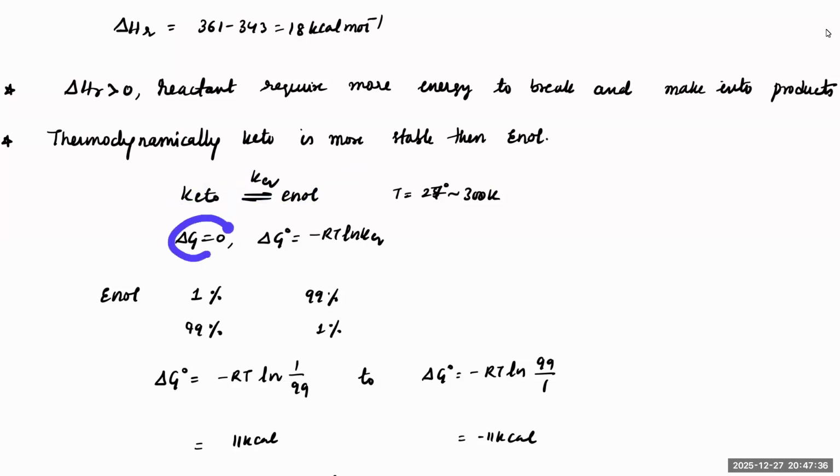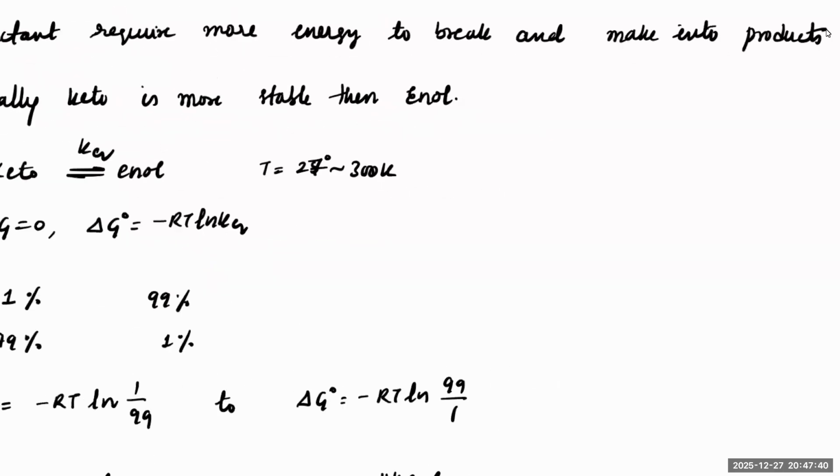You know that delta G will be 0 at equilibrium. If you recall the formula from thermodynamics, delta G can always be represented as delta G naught plus RT ln Q. And if delta G is equal to 0, then that Q will become K equilibrium. Hence, delta G naught will be equal to minus RT ln K equilibrium.